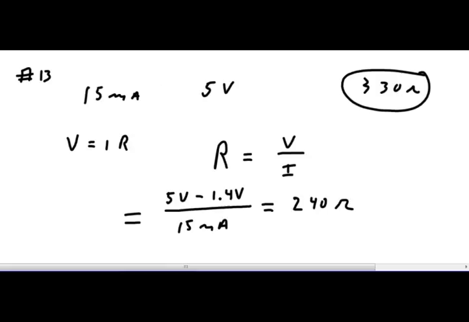Yeah, if the 330 answer goes with 10 milliamps, that one. So if I do it with 10 milliamps, I end up with the 330 answer. Or if you didn't take the LED out, then- Oh, you didn't take the LED out, right?